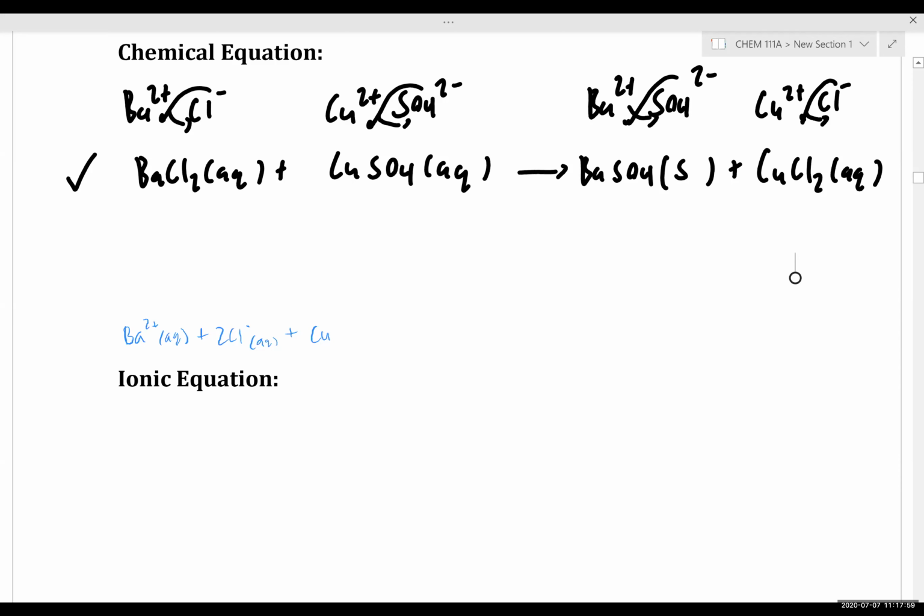And the proposed total ionic equation looks great so far in the annotate feature.